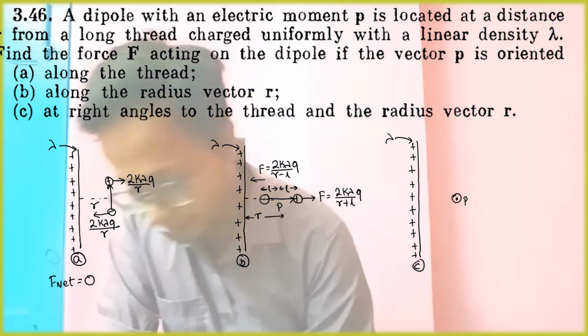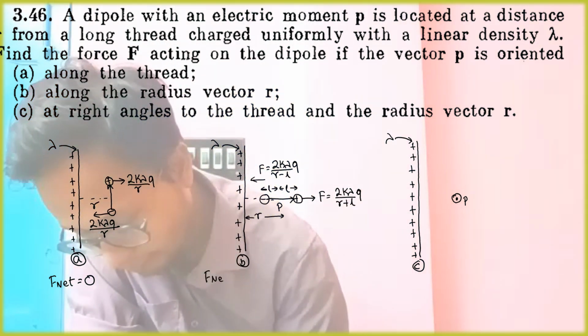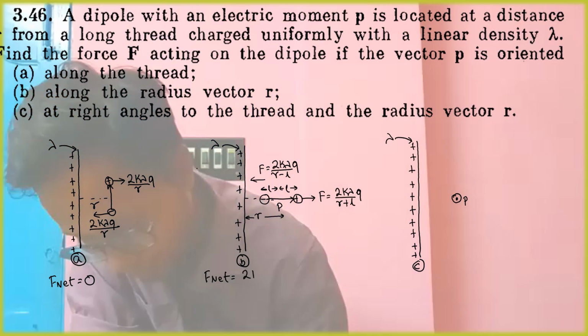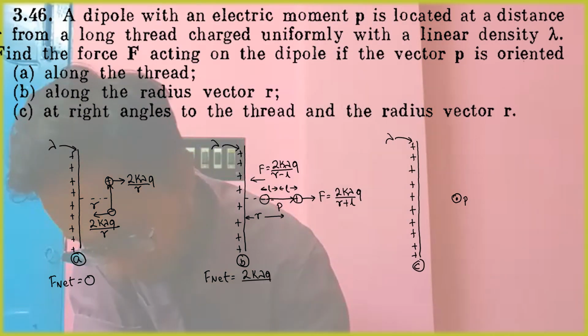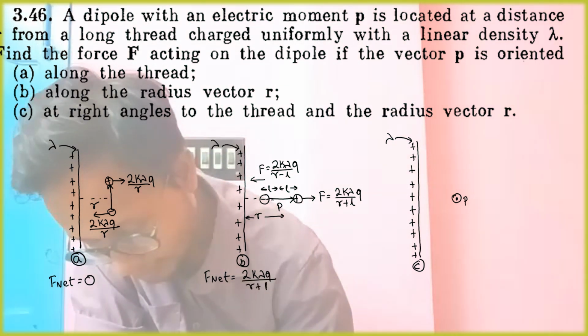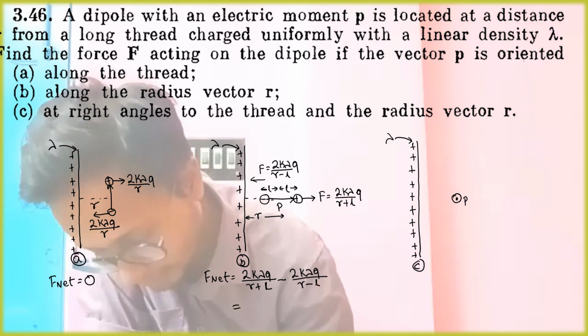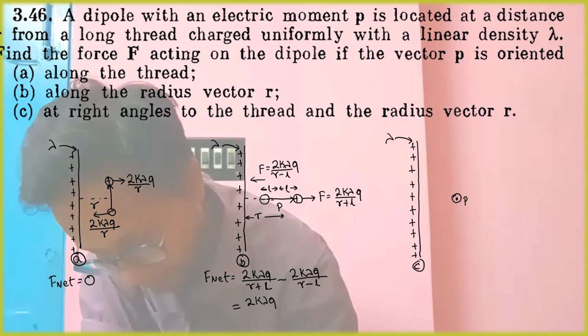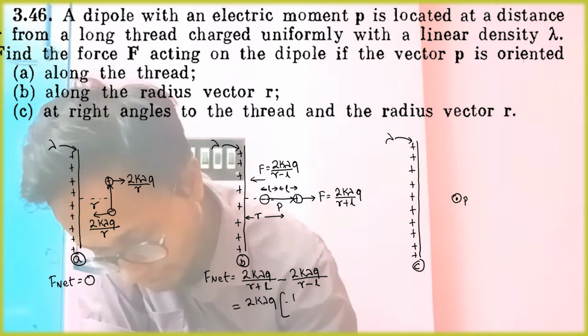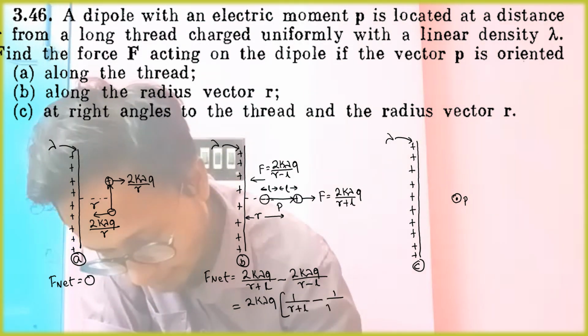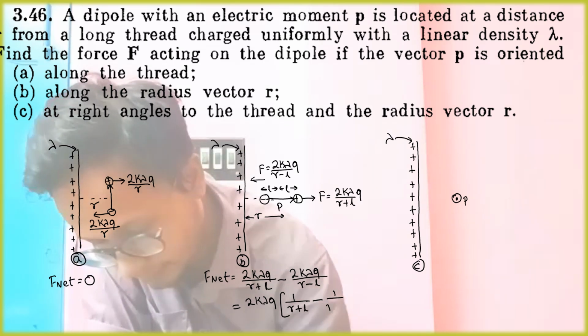So the net force is equal to 2kλq/(r+l) minus 2kλq/(r−l), which is equal to, I can take kλq common, 1/(r+l) minus 1/(r−l), isn't it?